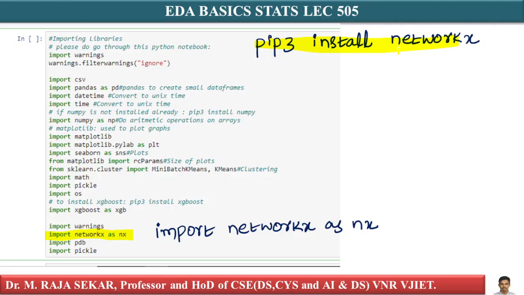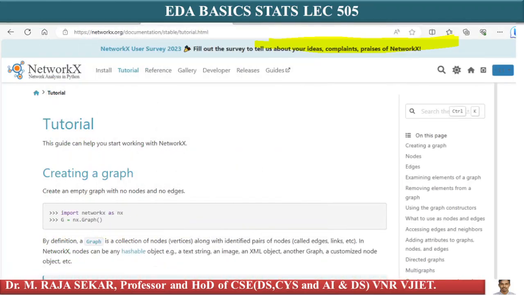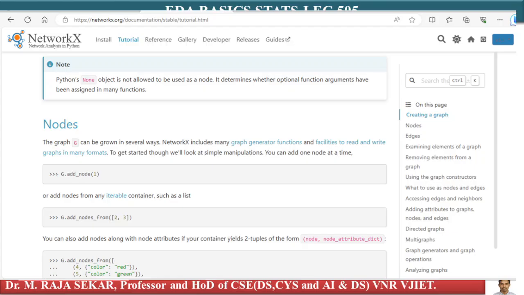NetworkX is a very nice Python library, especially for studying graphs and networks. You can create a graph, and you can measure lots of properties of graphs. This is a very popular library.